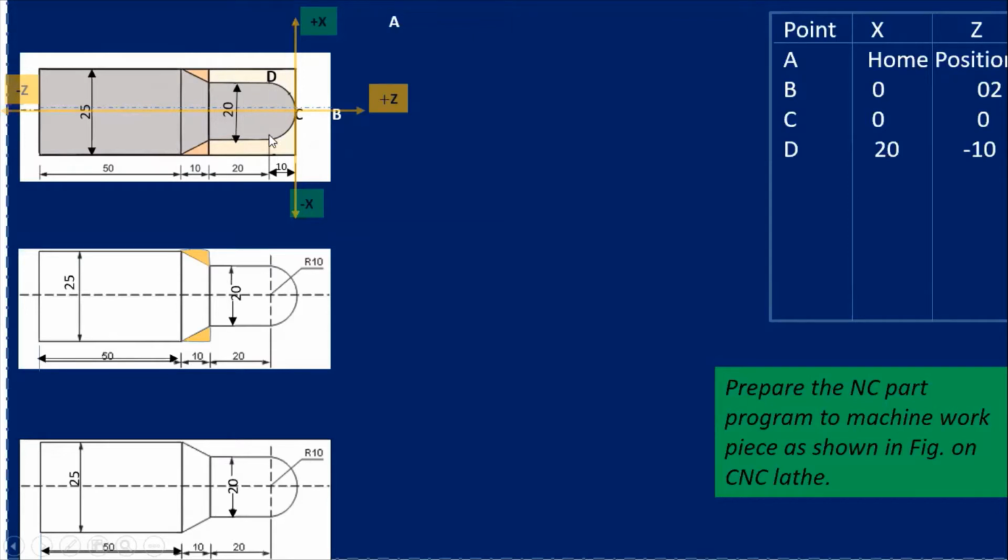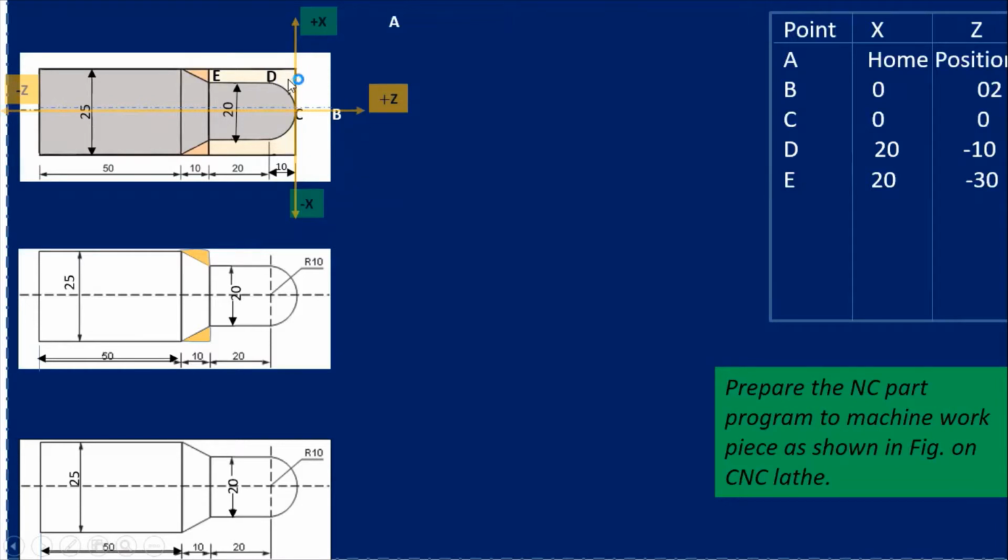So the X value is 20. And for the Z value, you can see the length of this component from here to here is 10, so I'm writing 10. Why is it minus 10? Because the tool is moving towards the left side. Then the next coordinates will be E. When the tool moves from C to D, it is a curved path.